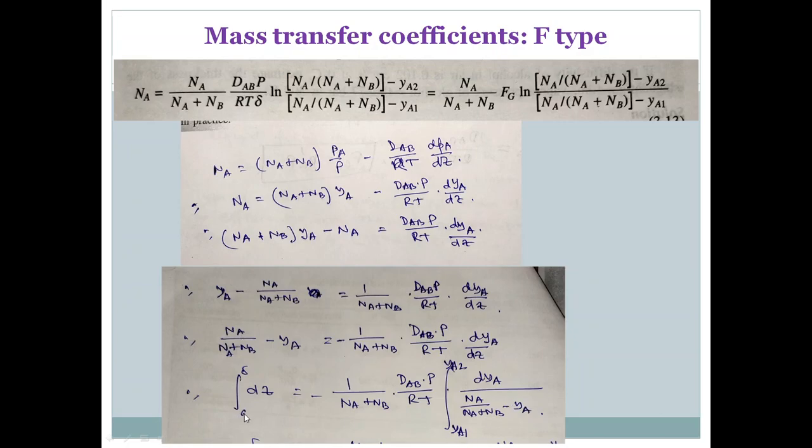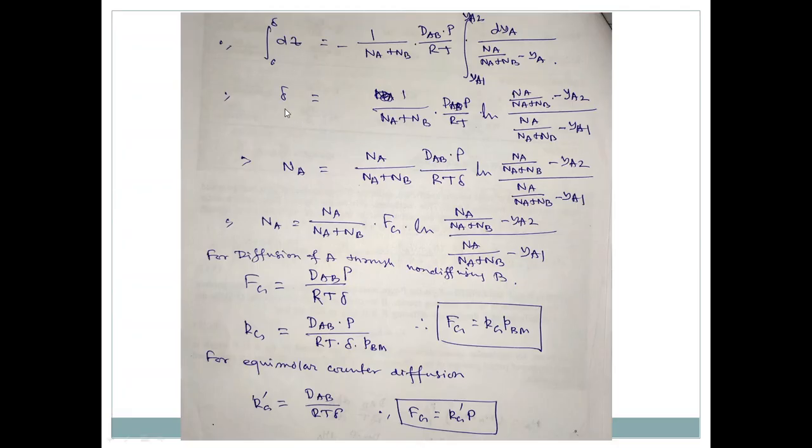Now I will integrate z from 0 to delta, and yA from y1 to y2. So the left side will be 0 to delta dz, and the right side, with the limits y1 to y2, gives a logarithm. Multiplying with Na, Na equal to (Na plus Nb) dAB P by RT delta, ln of (Na by Na plus Nb minus y2) divided by (Na by Na plus Nb minus y1).